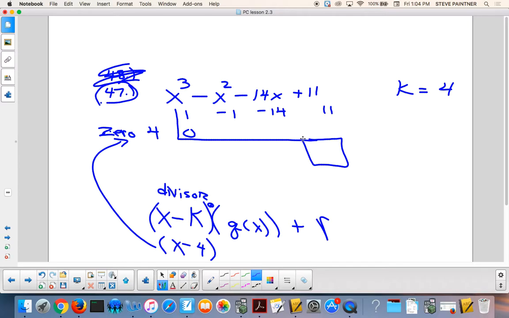Where's the quotient going to be here? Isn't this the quotient when you're done? So this would go there, plus the remainder would go there. That's all it is. The way they worded that was really weird, but that's all they meant.